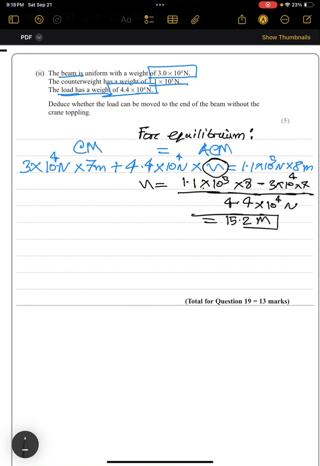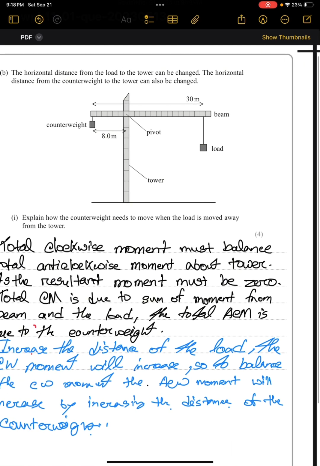So this is the distance up to which this load can go, and the forces will be in equilibrium.